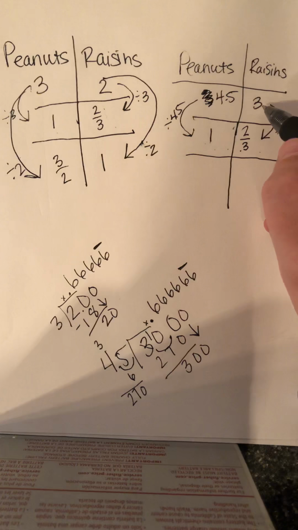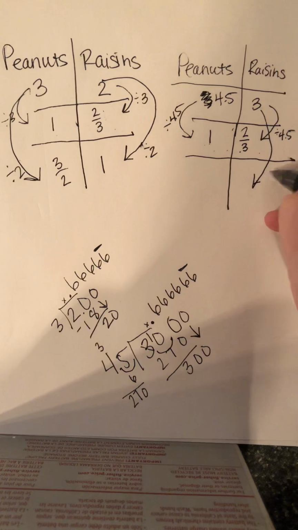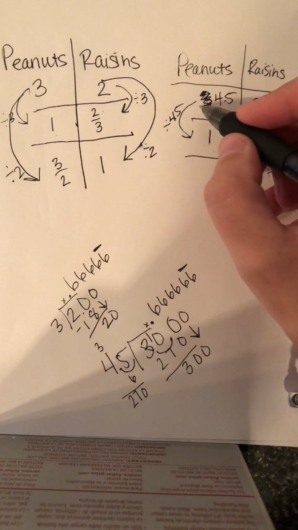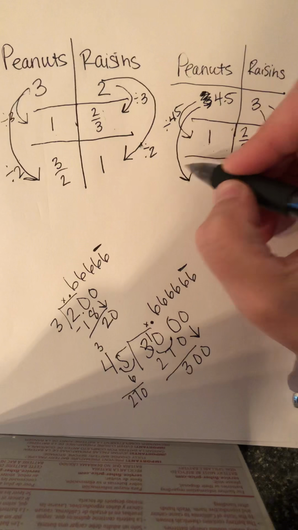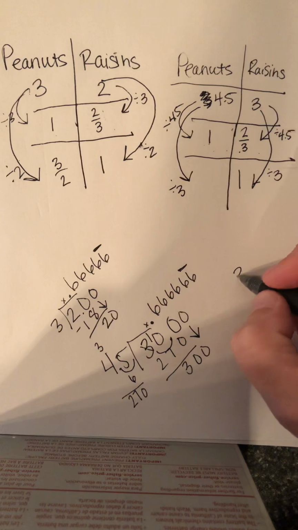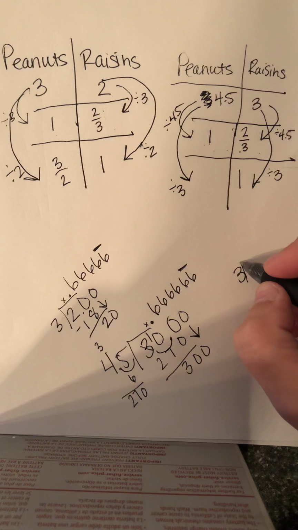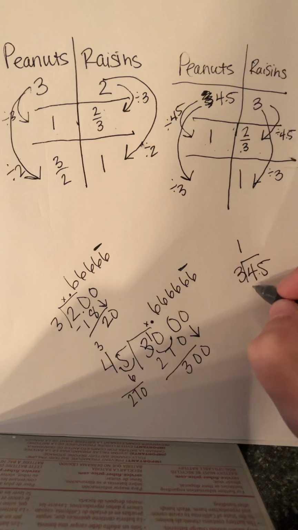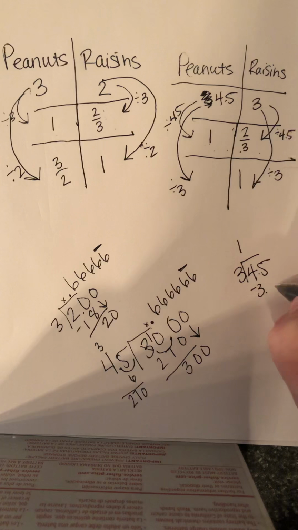Okay, then I would take this divided by 3, gets me 1, and this divided by 3, I'll do here. I have 1, that's 3.